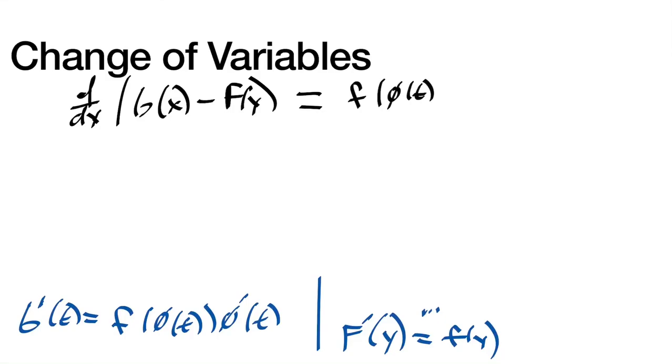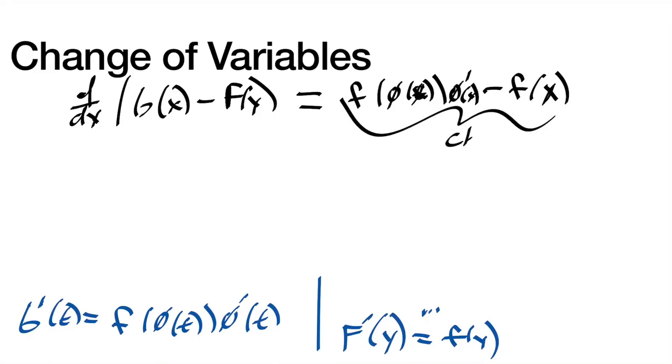And the answer is that I get f of phi of t, phi prime of t, minus f of, oh, sorry, those shouldn't be t's. These should all be x's. So f of phi of x, phi prime of x, minus f of phi of x. But so that's what I get when I do this.